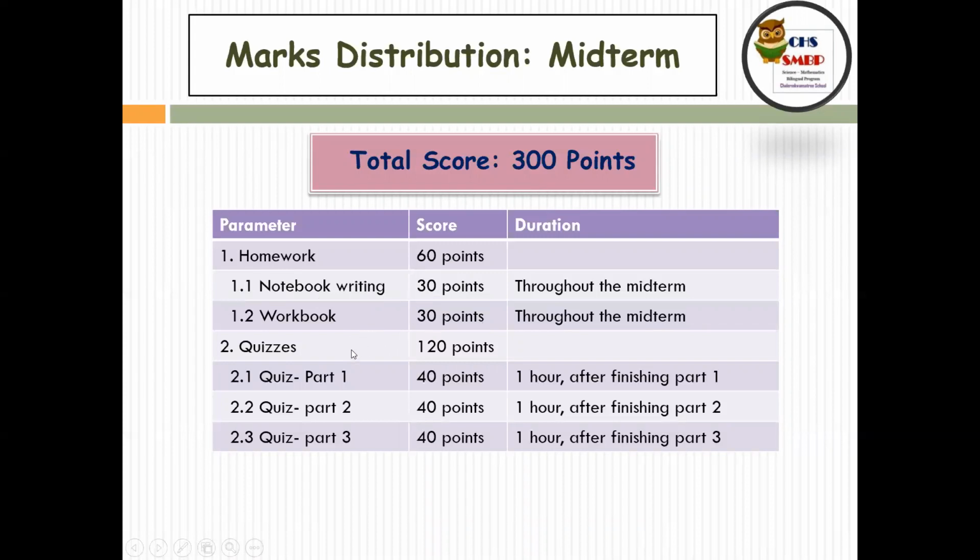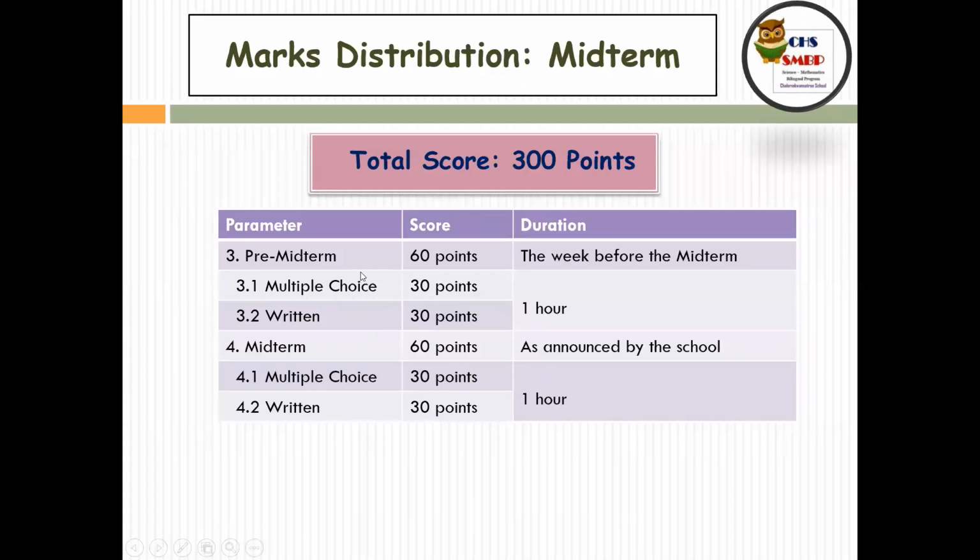For quizzes, you will have 120 points for parts 1, 2, 3, 40 points each. Then you will have a pre-midterm for 60 points, which will happen the week before the midterm, with multiple choice for 30 points and written for 30 points.